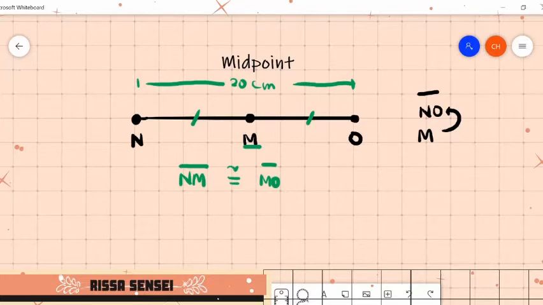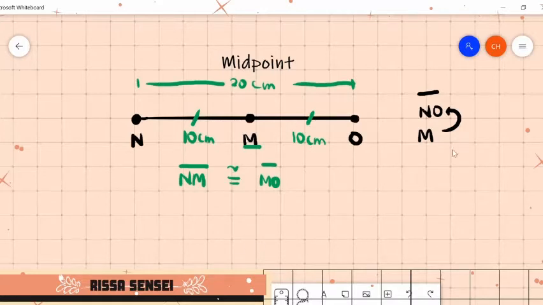If we are looking for the measure of NM, you will just have to divide 20 by 2 kasi nahahati niya sa dalawa. So, this is 10 centimeters. Since they are congruent, therefore, MO is also 10 centimeters. So, that is a midpoint.